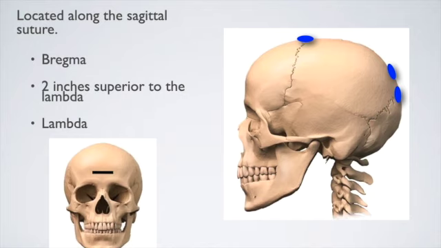Then also 2 inches above the lambda, which is the midpoint of the lambdoidal suture, where the lambdoidal suture intersects with the sagittal suture. And then the lambda itself, so 2 inches above the lambda and then right at the lambda itself. The stress receptor is right above the eyes on the forehead.